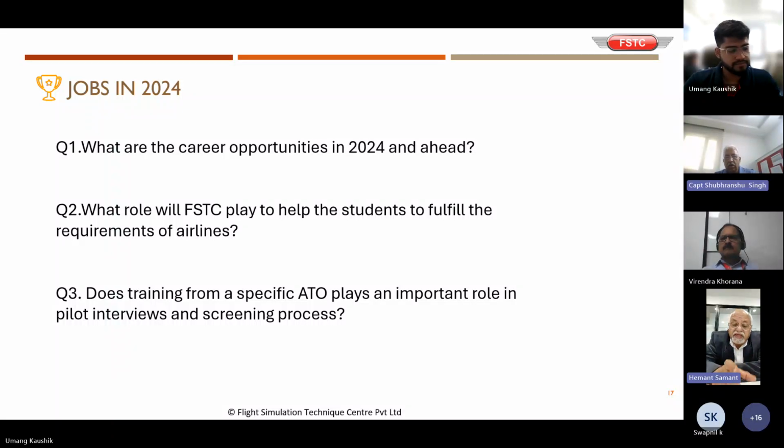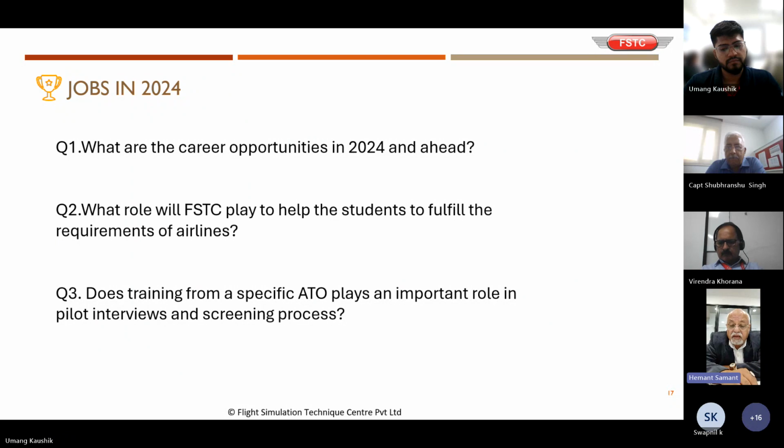So this is a mix between the quality of training and the quantum of training, because many operators, many ATOs abroad, are not responsible to Indian civil aviation. They are responsible to their own civil aviation. And as such, because you do not have that country's license to be type endorsed, they sometimes find shortcuts in training.